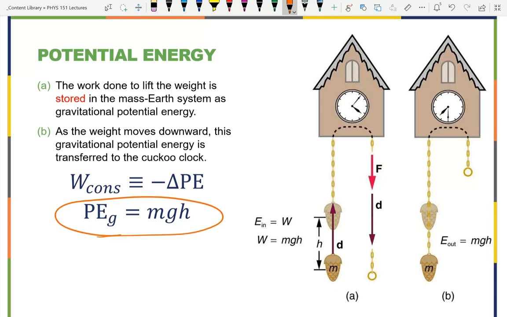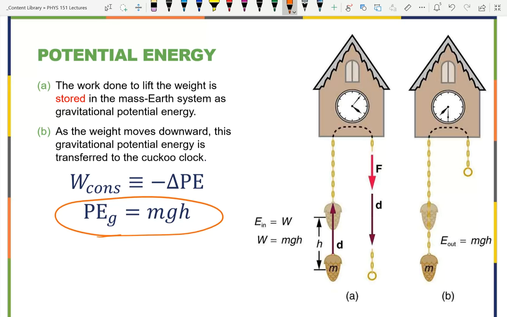She did work on that weight. She applied a force. Her force was down, and the string she was pulling on moved down, so she did positive work. That positive work was done on the hanging mass to make it rise against gravity. That energy was stored, and the clock slowly allows the mass to drop and convert the energy from gravitational potential energy into the energy making the clock operate.